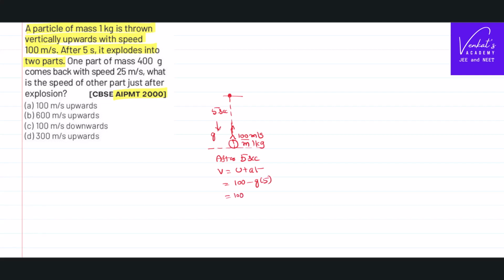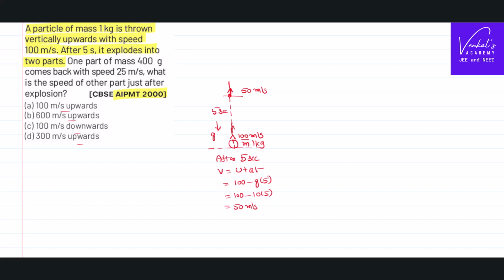As all the numbers and the options are round figures, you can safely consider G value as 10. 100 minus 50, 50 meter per second. So just before the explosion, the body of mass 1 kilogram is moving up with a velocity of 50 meter per second. That's the first sentence.